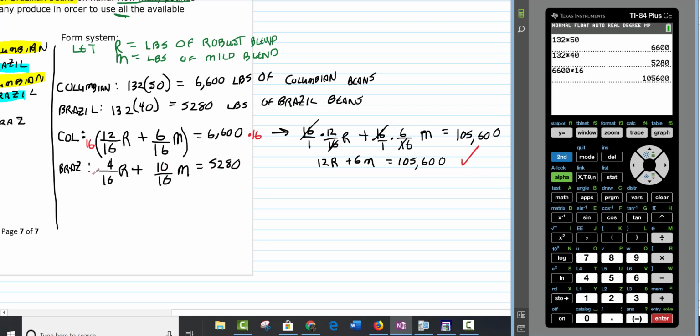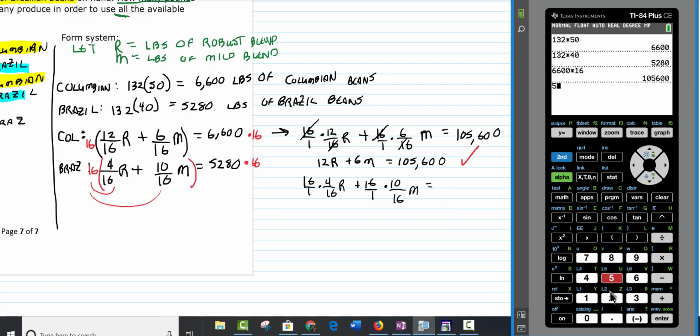I'm going to do exactly the same thing to this second one. I want to get rid of that fraction 16, so I multiply both sides by 16. Again, I'm doing a distributive property. So I end up having 16 over 1 times 4 over 16r plus 16 over 1 times 10 over 16m.